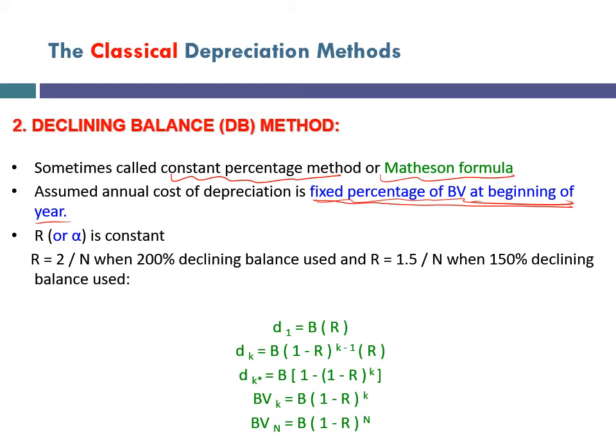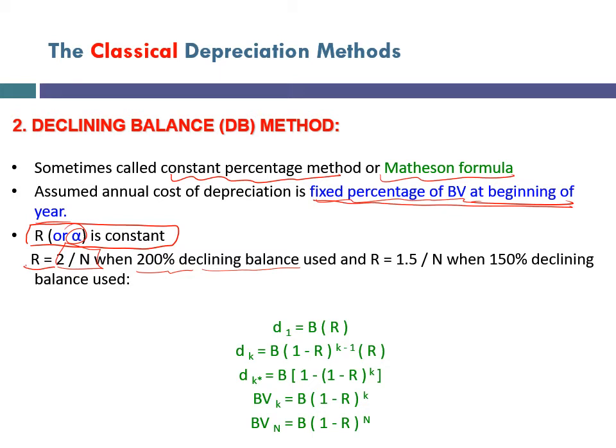So what do we mean? We assume that there is an R, sometimes alpha is used here. It's a constant value, the ratio. If R is 2 over N, we say we use 200% declining balance.